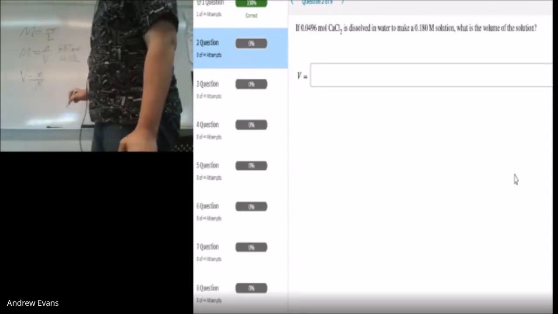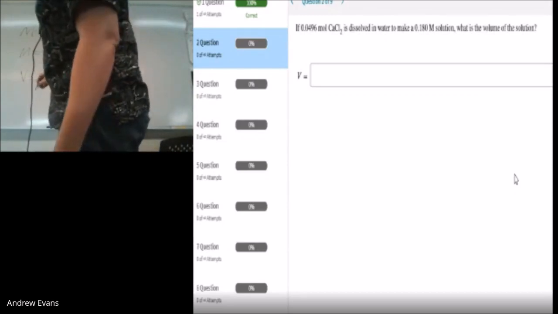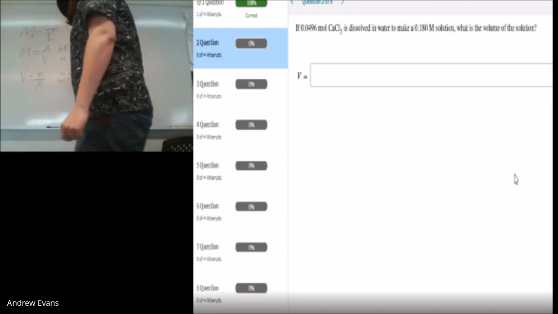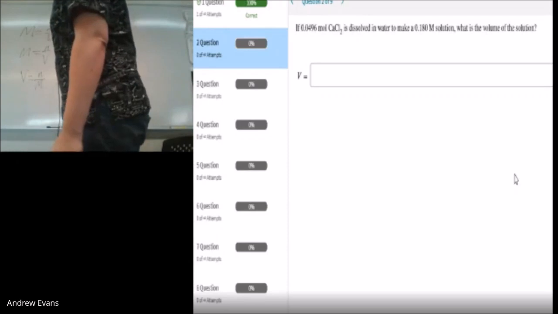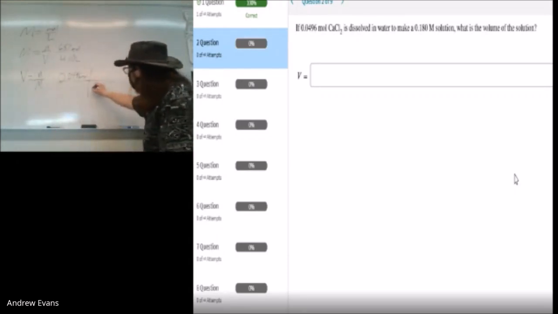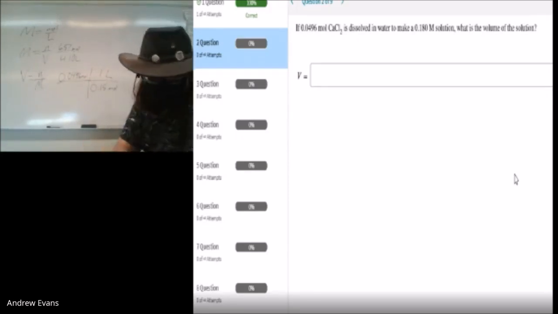So I'm dividing 0.496 moles by the molarity, which is 0.18 molar, so I'm dividing it by 0.18 moles per 1 liter. As I do that, it would give me an answer in liters.